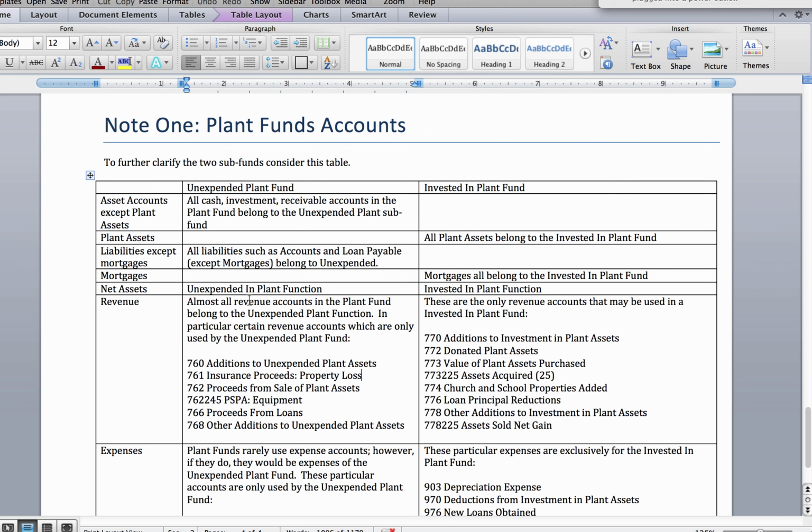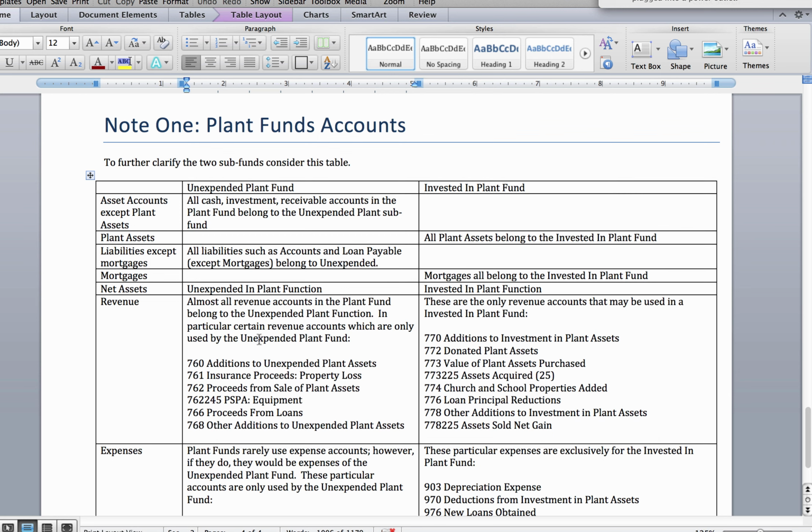And the net assets: the unexpended plant function belongs to the unexpended plant fund, and the invested in plant function is the net asset of the invested in plant fund. Revenue: all revenue accounts in the plant fund belong to the unexpended plant function.